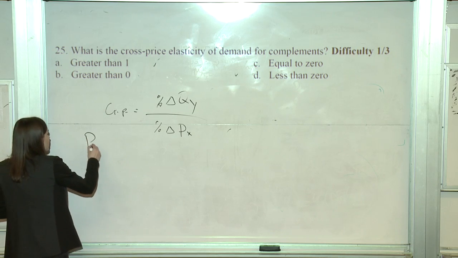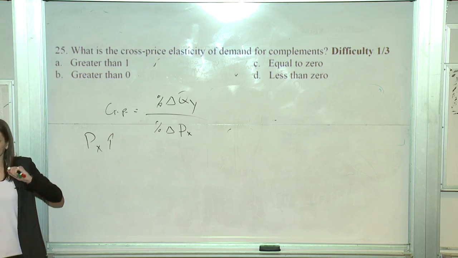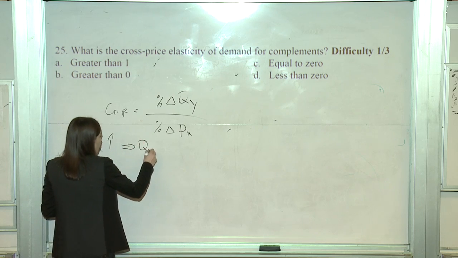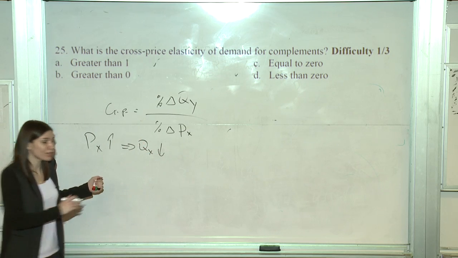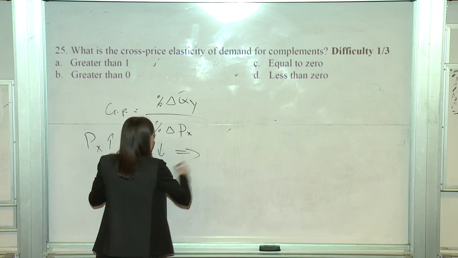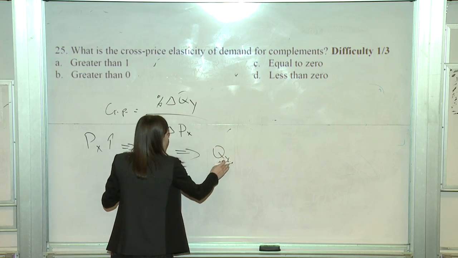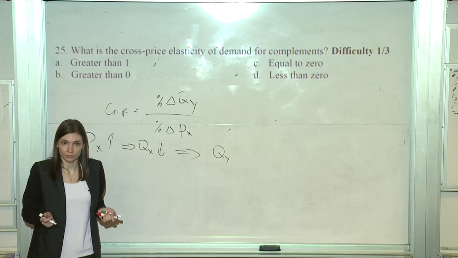The price of good X goes up. Now that immediately means that the quantity of good X is going to go down, right? This is the same good. Now the question is what that is going to do to the quantity of good Y. So imagine we have complements, right?